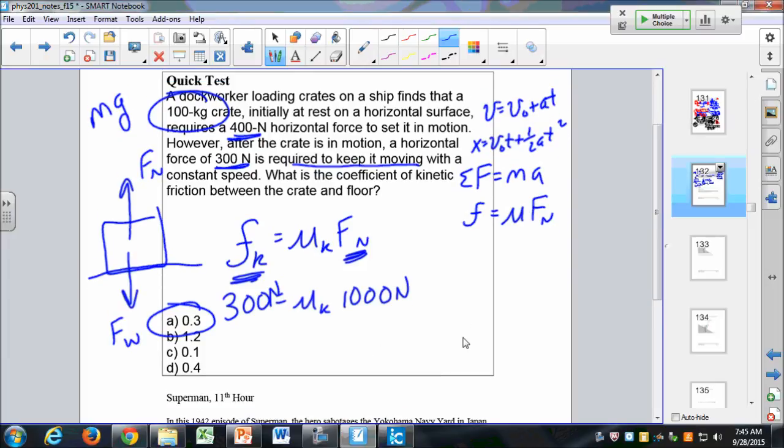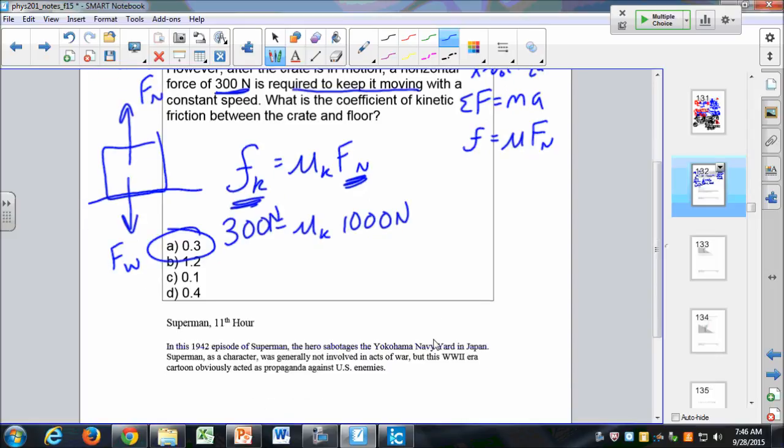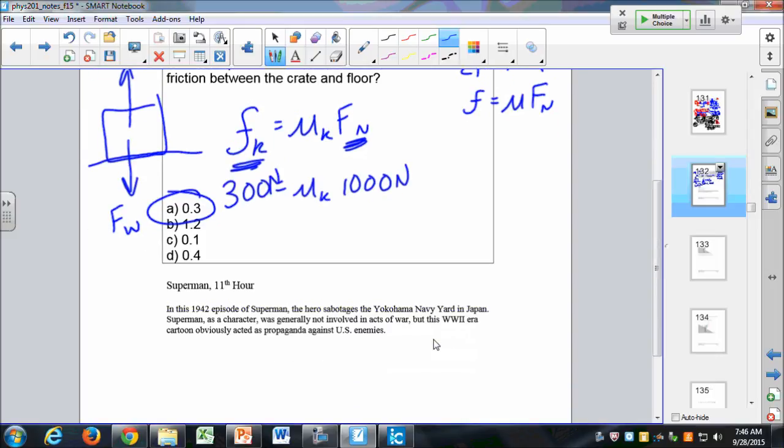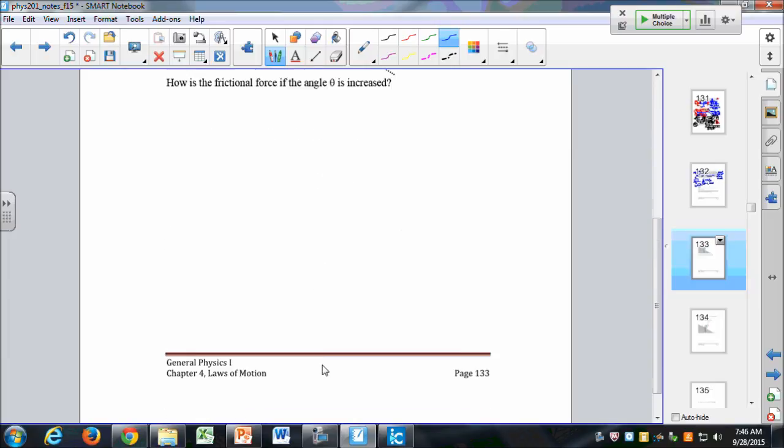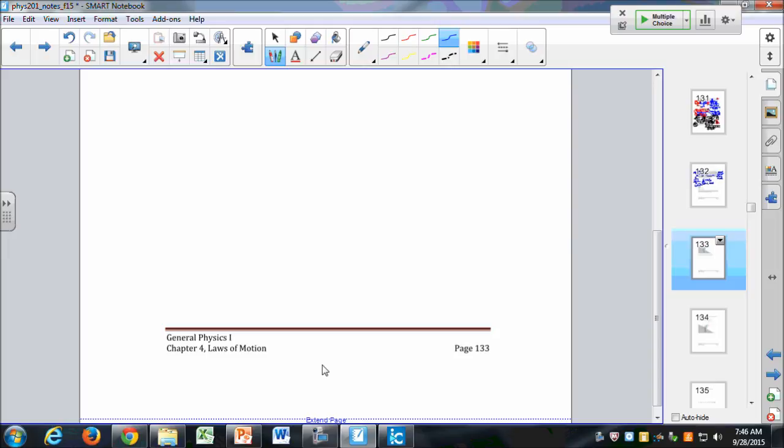You could see something that simple in the multiple choice, but in the free response, you'll have embedded friction in the problems. So let's work through some of those. I'm going to skip this Superman thing for now. And let's look at this problem. It's an inclined plane problem. Actually, we might come back to this, but we've already worked through very similar problems before.